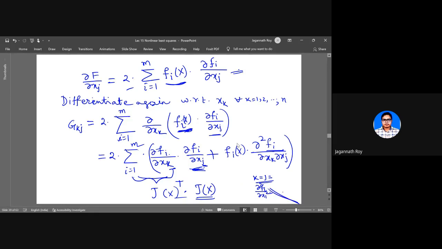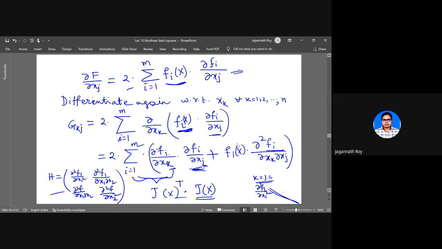If you remember, for the two variable case, the Hessian matrix was del 2 f del x1 squared, del 2 f del x1 del x2, then del 2 f del x1 del x2, del 2 f del x2 squared.